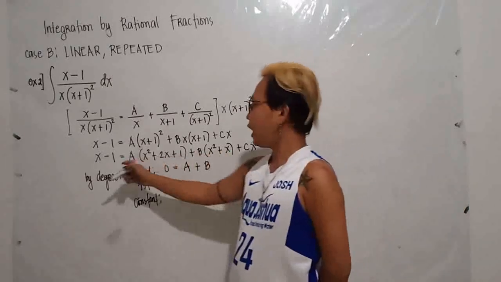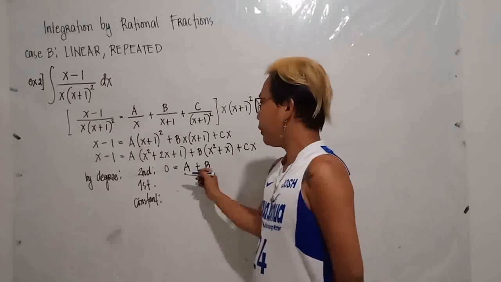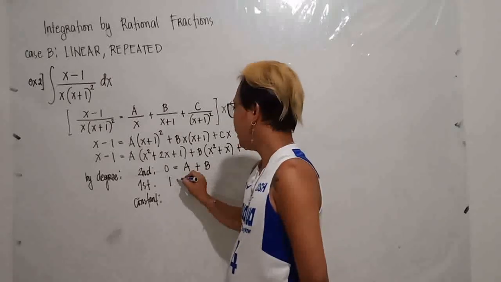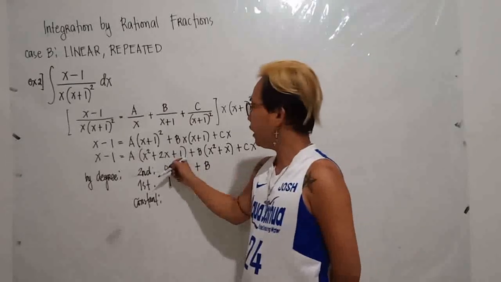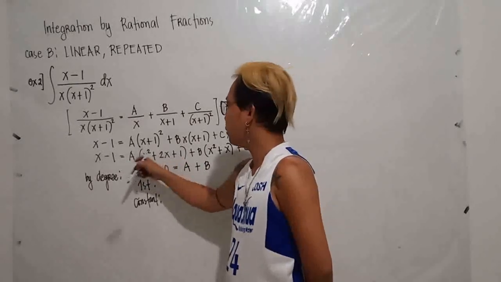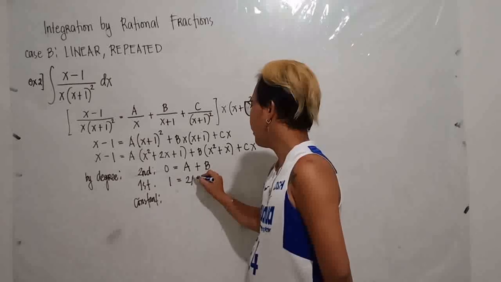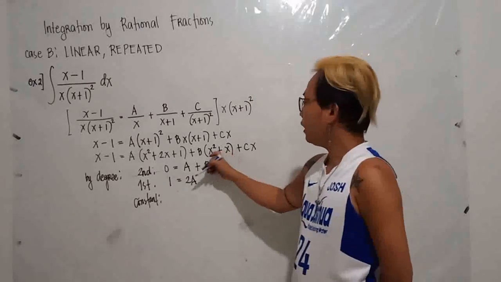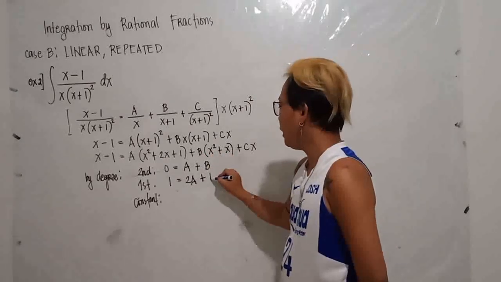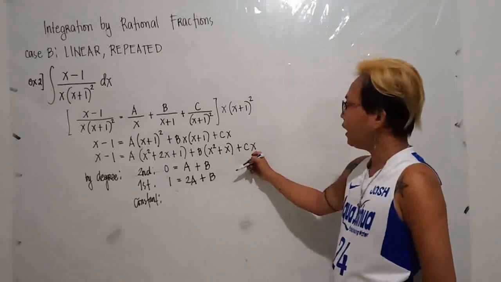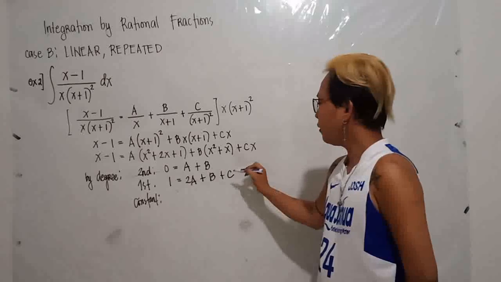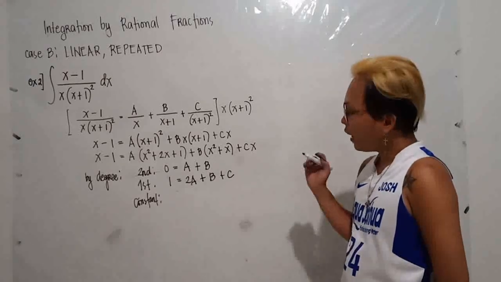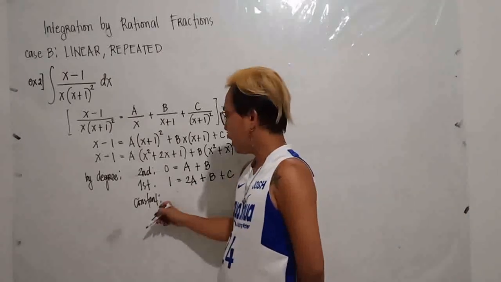So the first degree dito, you will now have 1. Kasi 1 yung kasama ni x. Then pagdating dito, the first degree here is 2a. Dito naman, you will have plus b. Then the first degree here is c. Okay? Then last equation is for the constant.